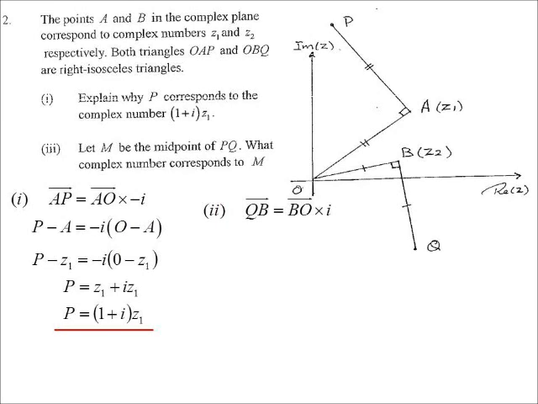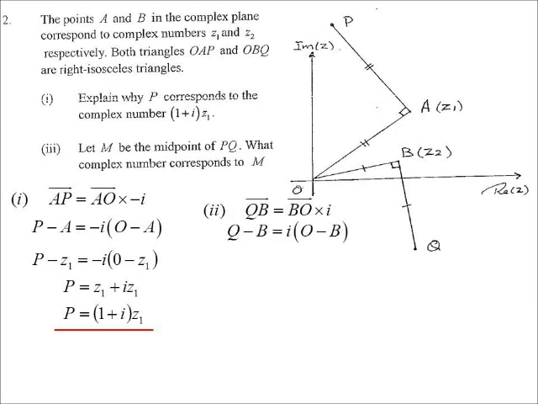This time I'm rotating anti-clockwise, so that's just multiplied by i. So I'm getting OB and rotating it anti-clockwise to get BQ, or QB, sorry, or BQ. I've written it the wrong way around. I've said QB there. That should be BQ, shouldn't it? Fix that up on your sheet. That should be BQ, not QB.